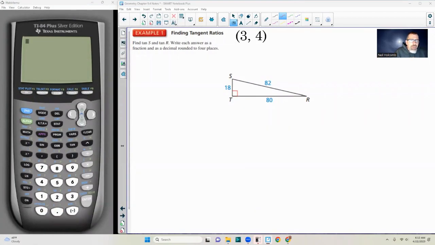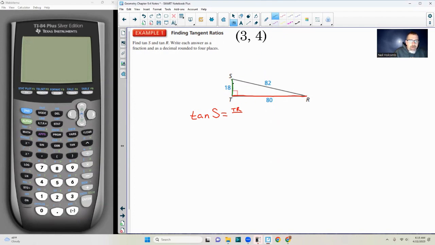Okay, example one is finding the tangent ratios. It says find the tangent of S and the tangent of R. Write each answer as a fraction and as a decimal rounded to 4 places. So I'm going to start with S. I'm going to say the tangent of S equals, I remember it's opposite, which is TR, divided by adjacent.